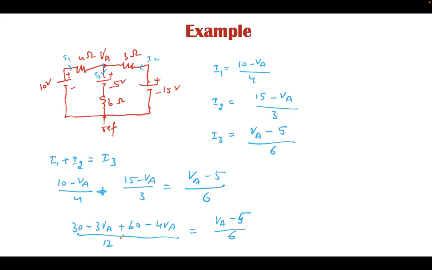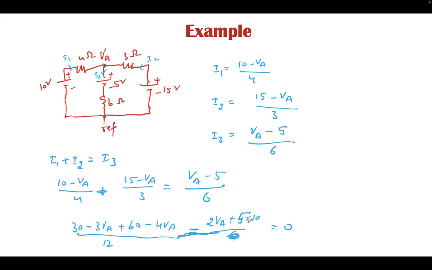On solving this equation, taking this value to this side also, then it will be minus VA, minus 5 will become plus, and this will be 2VA and it will be 10.